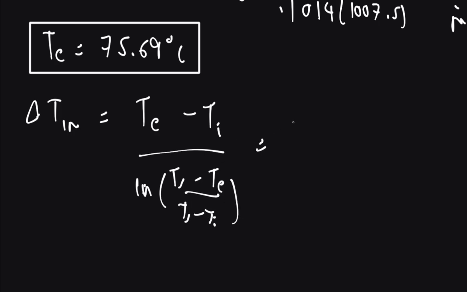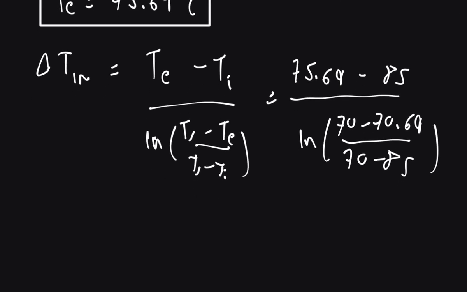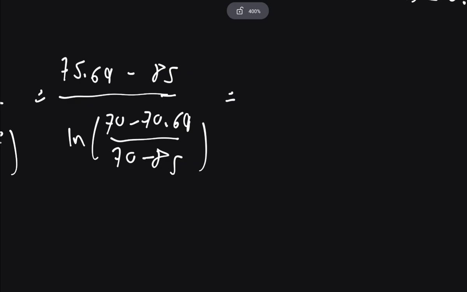We have all of these values: 75.69 minus 85, over ln of 70 minus 75.69 over 70 minus 85. We type this into our calculator and we get 9.604.